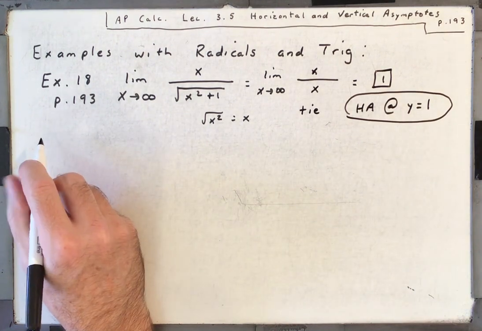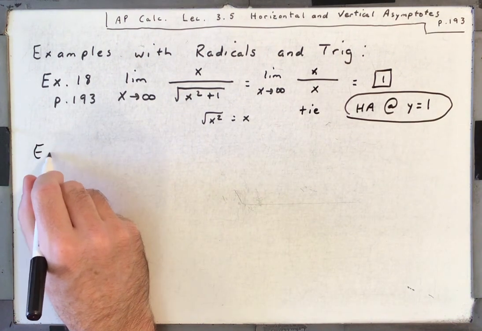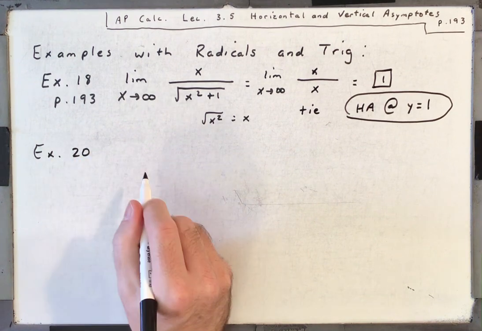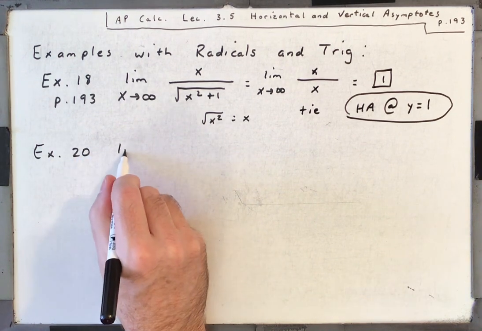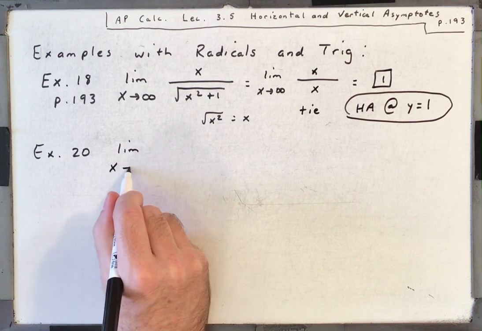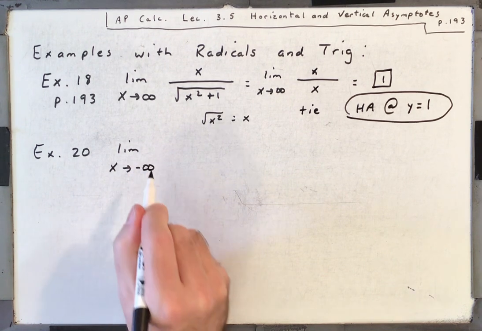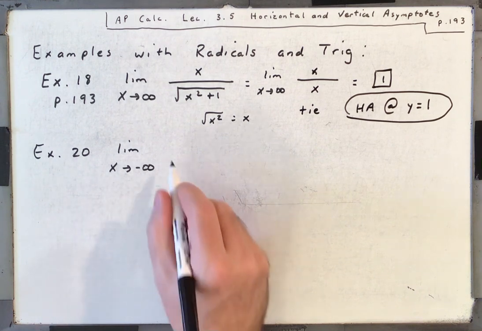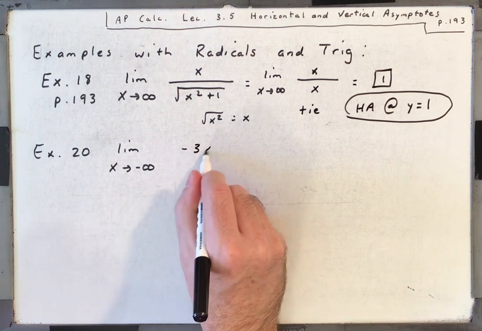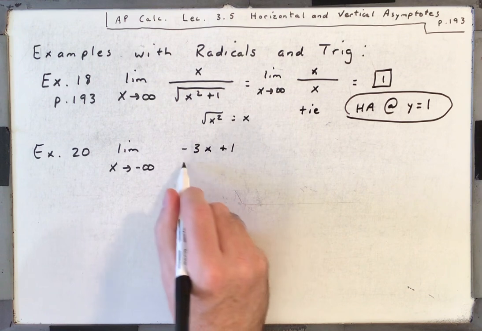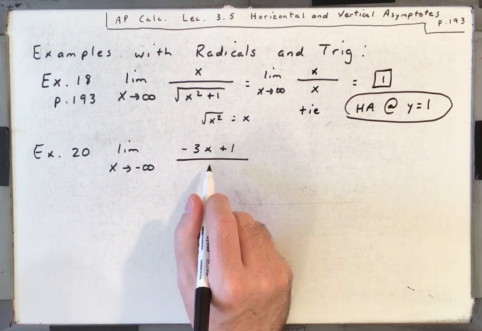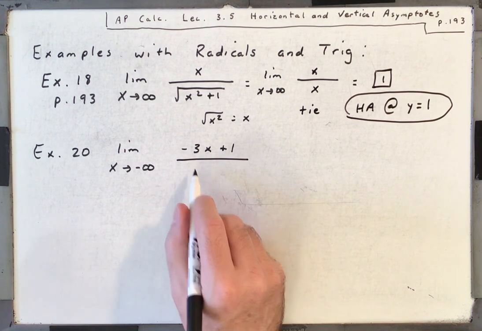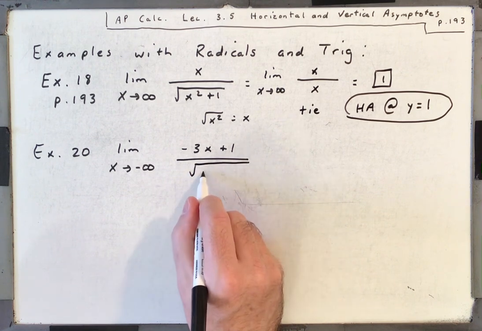All right, example 20. So we have the limit as, and we haven't done one of these yet, as x approaches negative infinity, and you'll probably have at least 1 or 2 homeworks where it looks like that. Let's say we have negative 3x plus 1 over the square root of x squared plus x.